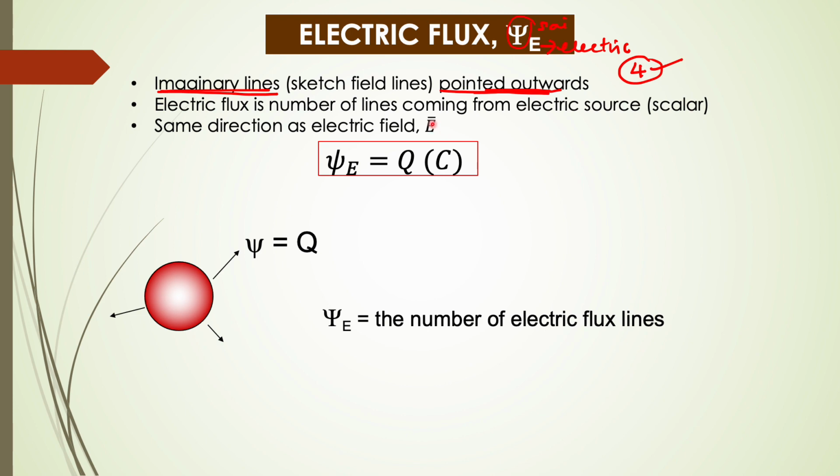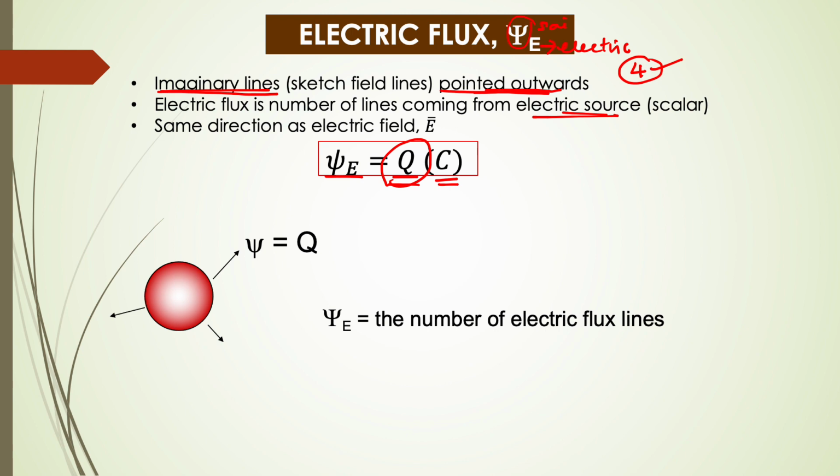So electric flux, psi e, is equal to Q, how much charge is contained inside the electric source. We know the unit of electric source charges is given as coulomb.